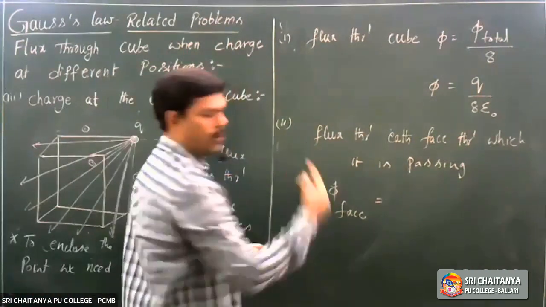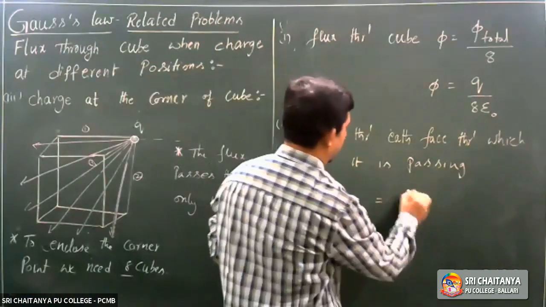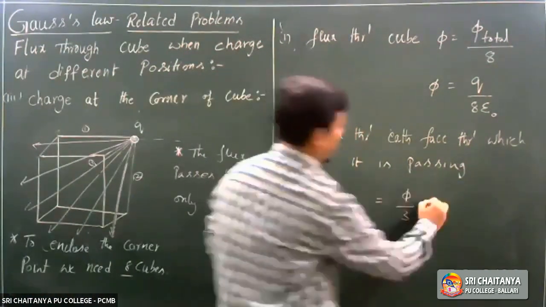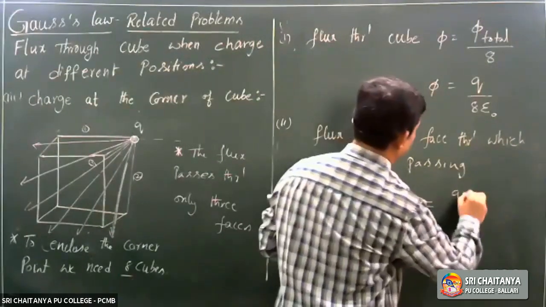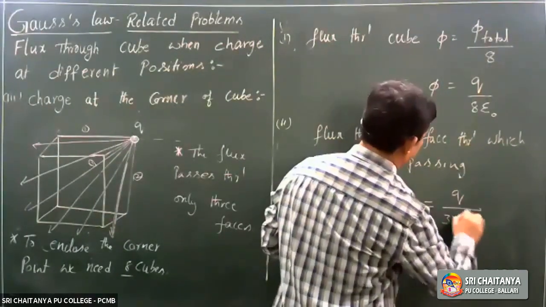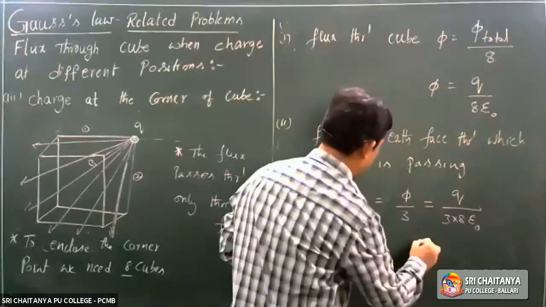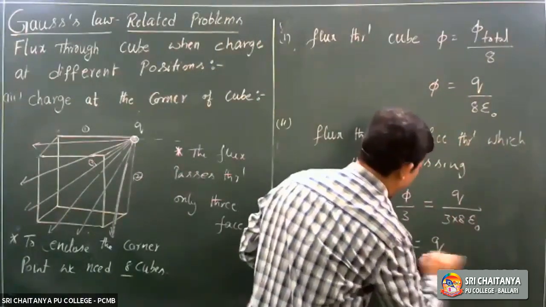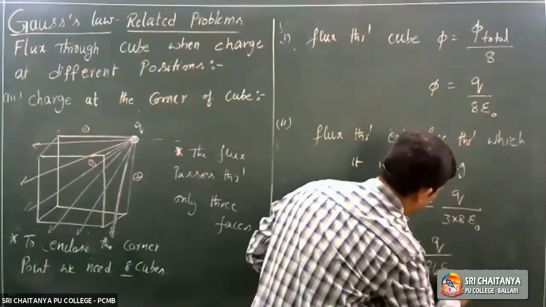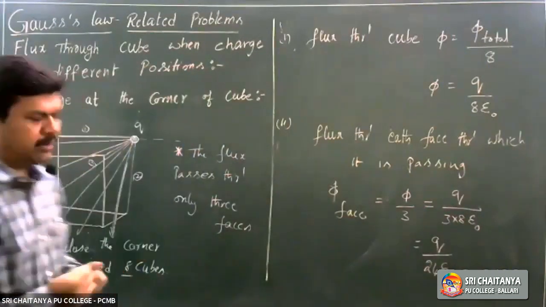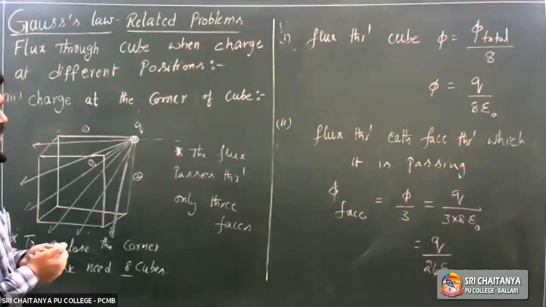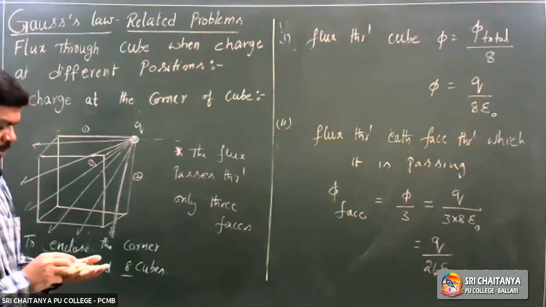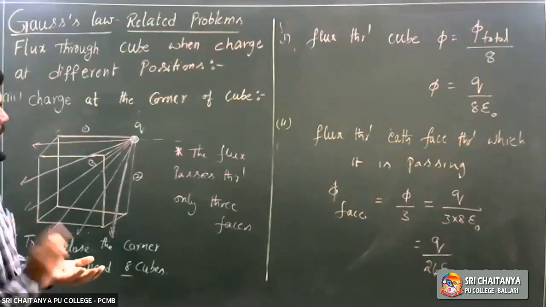Then flux through each face is what? Total by 3. Total is Q by 8 epsilon naught, so it is Q by 3 into 8 epsilon naught, so Q by 24 epsilon naught. Sir, is this the total story that we had to remember? Nothing to worry. I'll tell you.